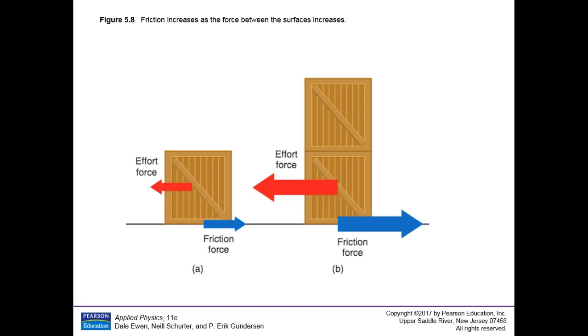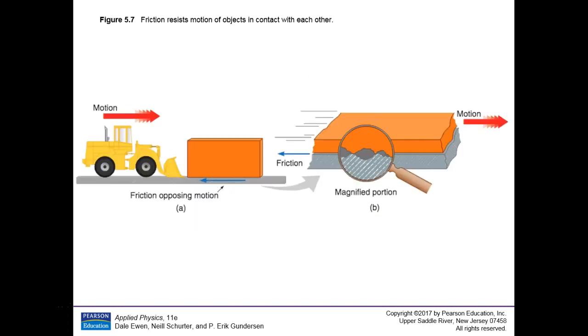When I finally get it to move, it seems to move more easily. And that's because kinetic friction is generally less than the maximum static friction. And it goes back to this, okay? Once I've got it moving, to begin with, these low places here are stuck down in the low places there.